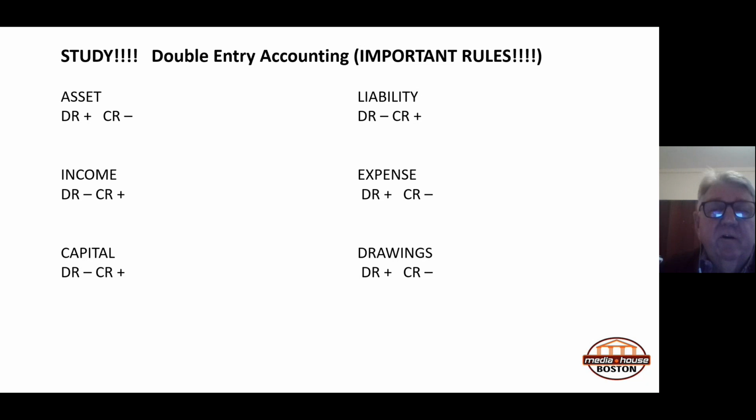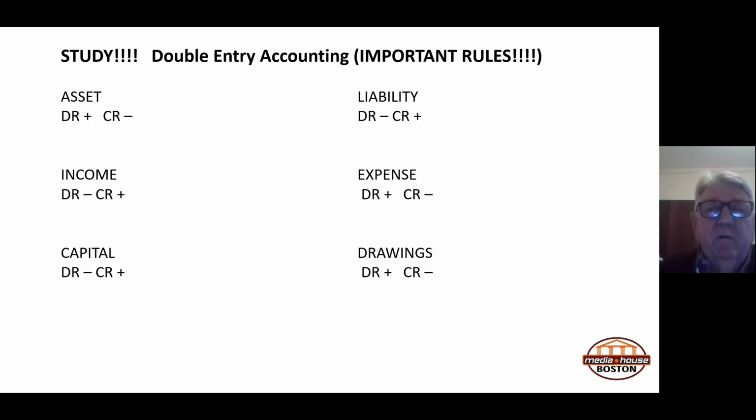So let's assume I've got a creditor account here. A creditor will have a credit balance. That means it increases. If you've got a debit balance, it decreases.